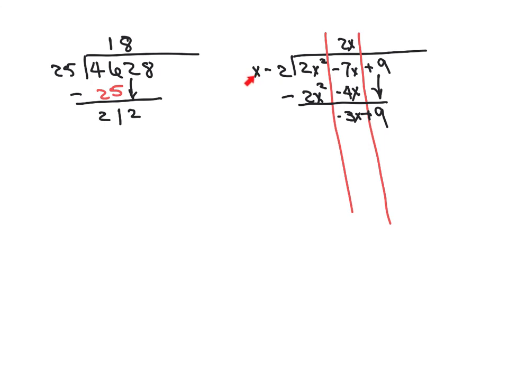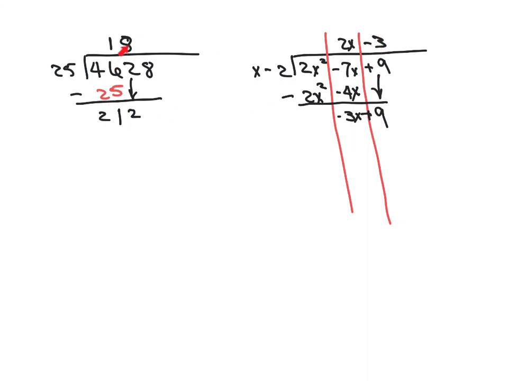X, again, x only divides. We divided x into this. We divide x into this, just like we divided 25 into this. So x goes into -3x, 1x there, 1x there, so they disappear. So we just have the -3. Notice there are no variables here in this column, and there's not one up here. So we've got the -3.